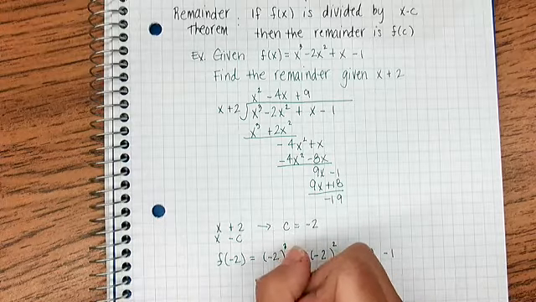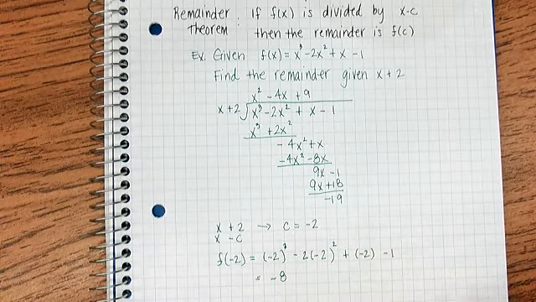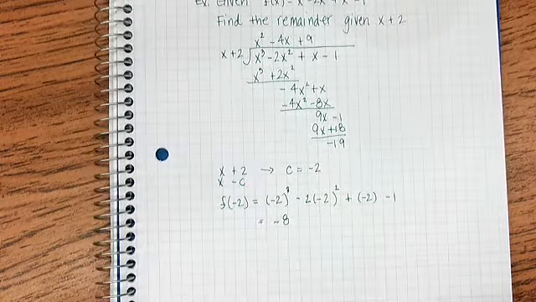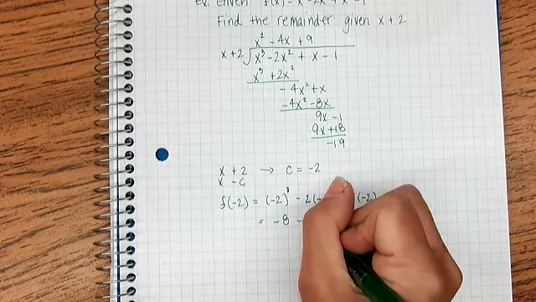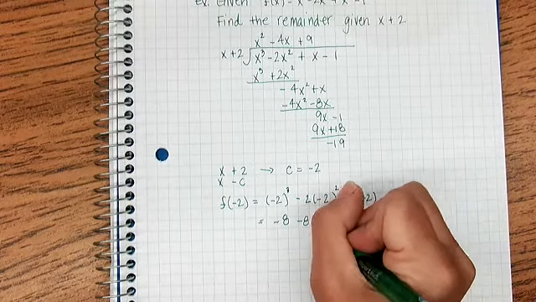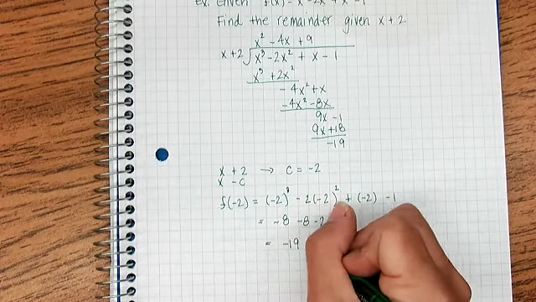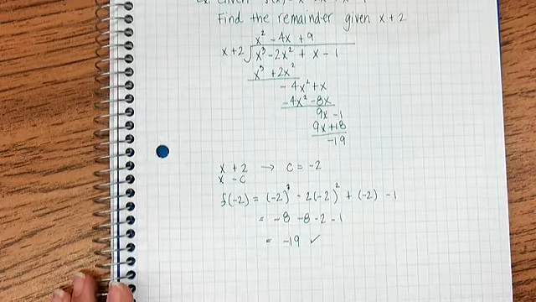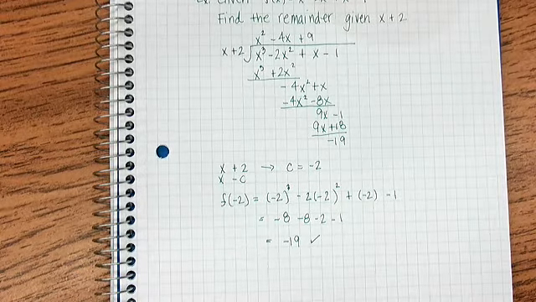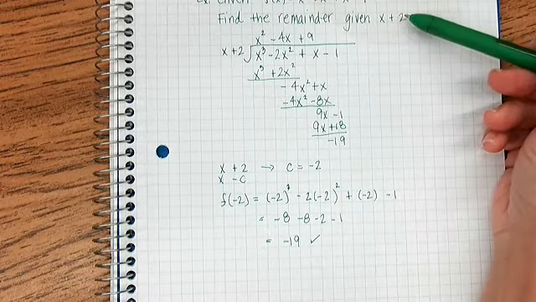So that's going to be negative 8 minus 8 minus 2 minus 1, which is indeed negative 19. So you don't need to long divide anymore if you're given a binomial.